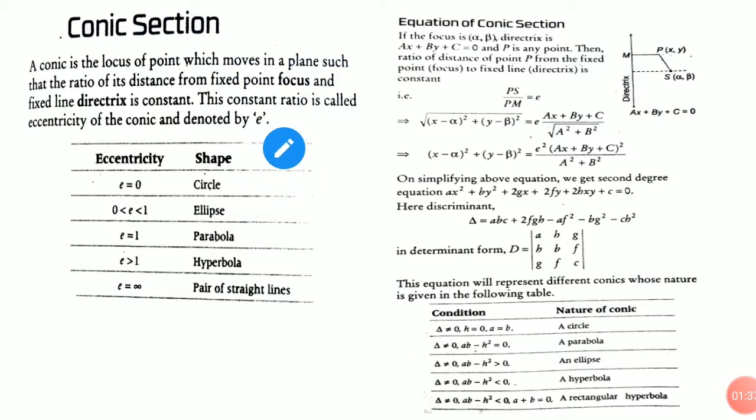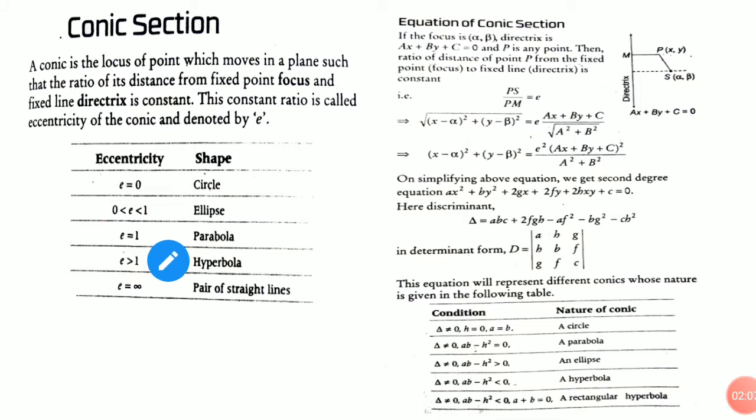So now, what is eccentricity? Here it is given as the ratio of two distances. The shape of the conic section depends on the value of eccentricity. When eccentricity E is equal to 0, the shape of the conic section is a circle. When eccentricity is greater than 0 and less than 1, the shape is an ellipse.